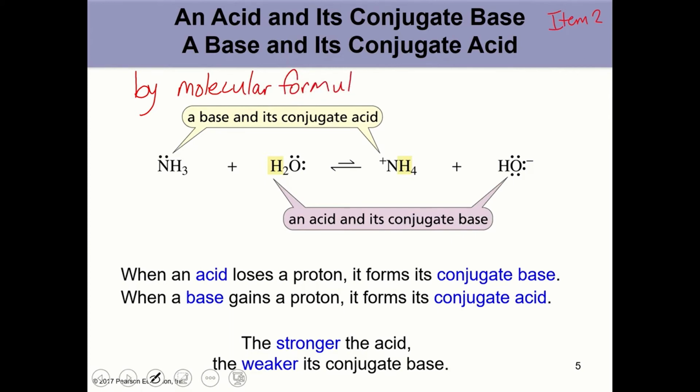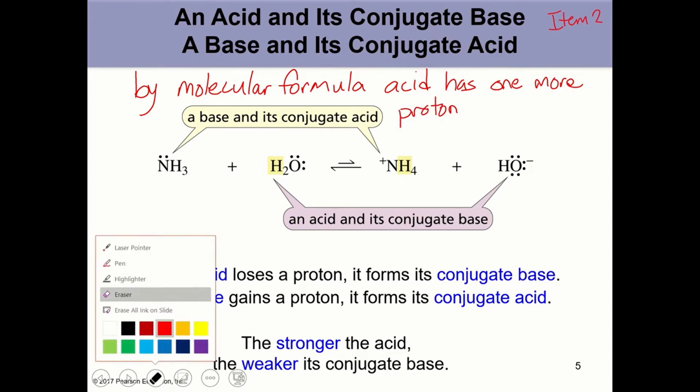So the difference between a conjugate base and a conjugate acid is its molecular formula. An acid has one more hydrogen ion or hydrogen atom than the conjugate base.